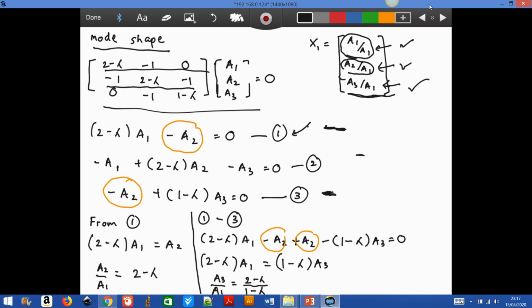And then if you want to find the mode shape, recall back the value of lambda. Lambda 1 is equal to 0.1981. For the first mode, x1, I write this just for you to understand better: a1 over a1, a2 over a1, a3 over a1.